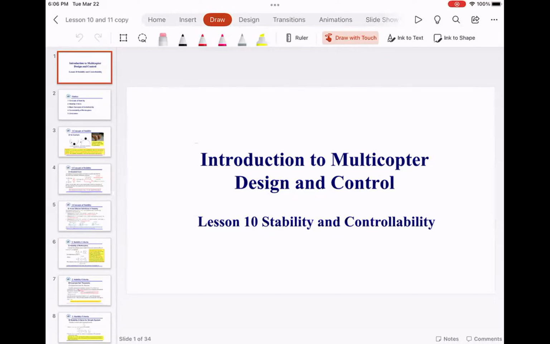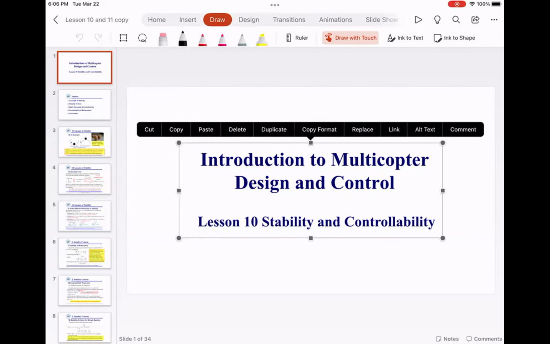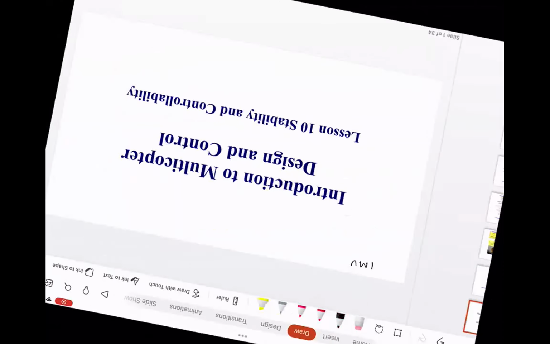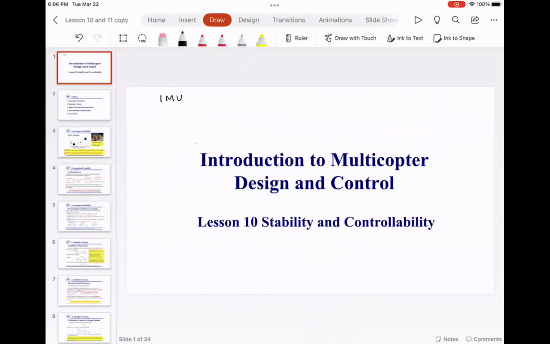So far, we talked about the state estimation and why is state estimation needed. The state estimation is needed because please understand, we have an IMU. That IMU has 3 accelerometers and 3 gyroscopes.